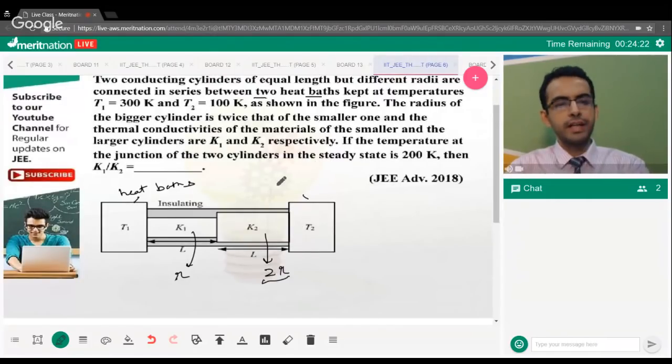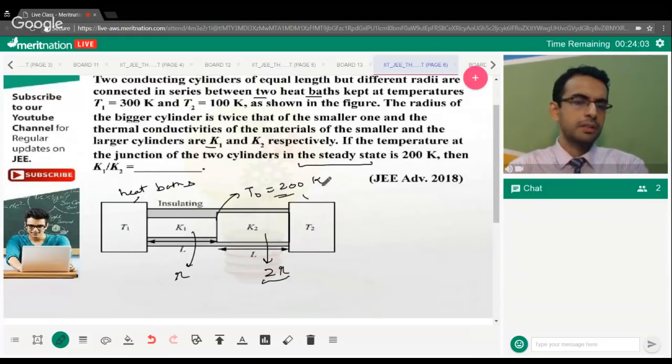Now K1 and K2 are the thermal conductivities of the cylinders. If the temperature at the junction of the two cylinders is 200 Kelvin, let's say T naught is equal to 200 Kelvin in the steady state, then K1 by K2 is.